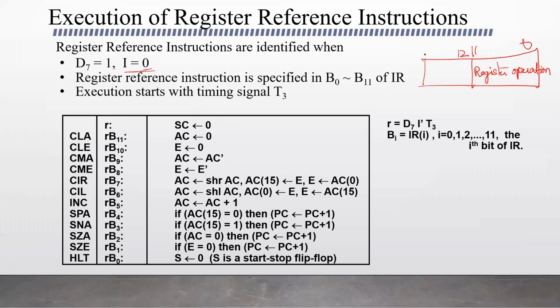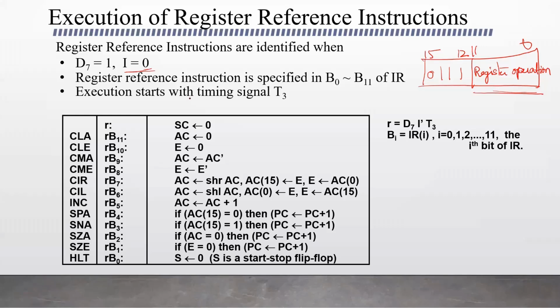And in bits 12 to 15 we have 111 as the opcode, and the last bit will be 0. This is the format of the register reference instruction. So the register reference instruction is specified in bits 0 to 11 of this instruction.